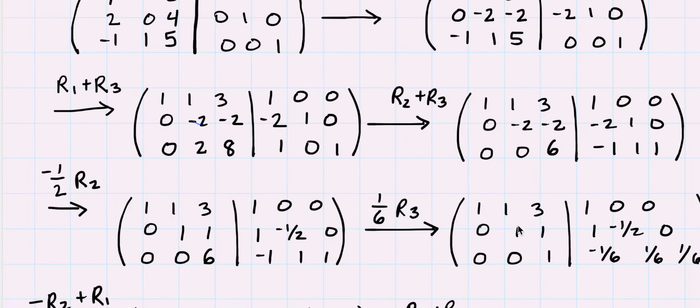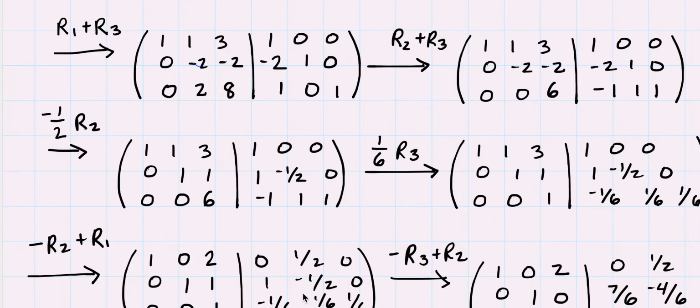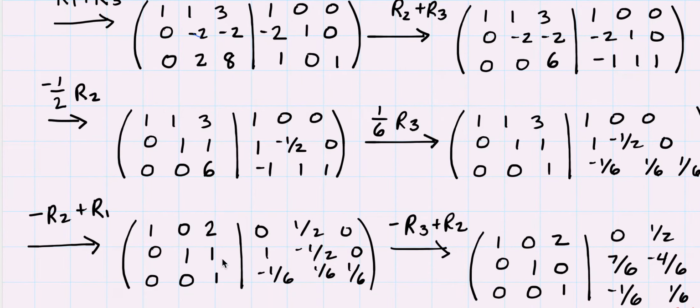And yeah, so I did, actually, looks like I added this row to this one. And then I halved this row, and I multiplied it by a negative. Then I divided this row by 6. And then it looks like I took this row and I subtracted it from the top row. That's how I got this 2 and this 0. And then I went and took this 1 and I got rid of all of this stuff here.